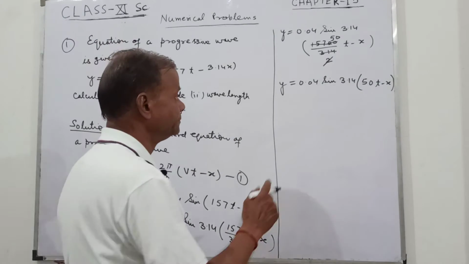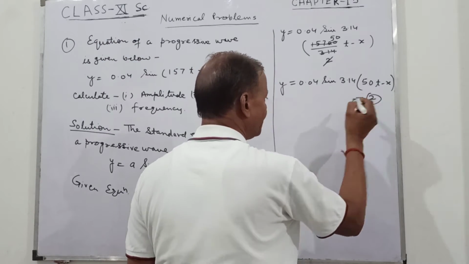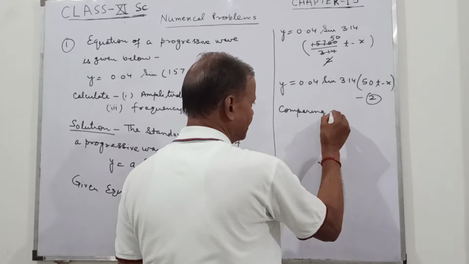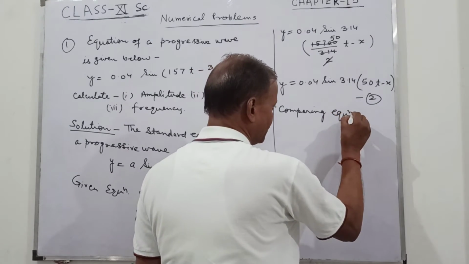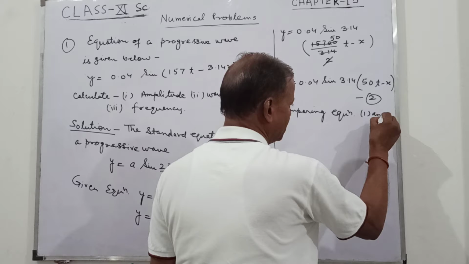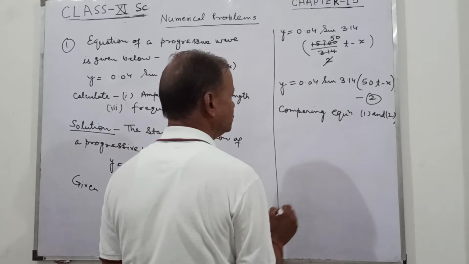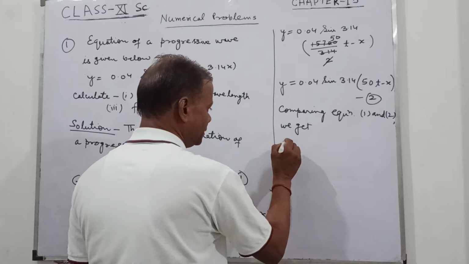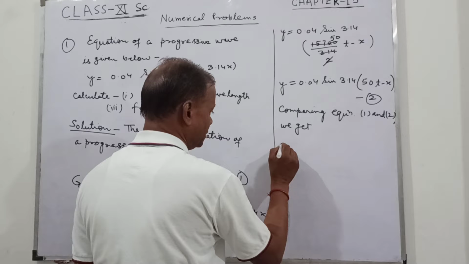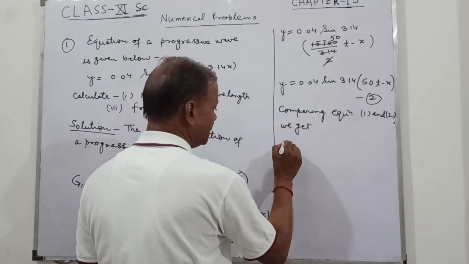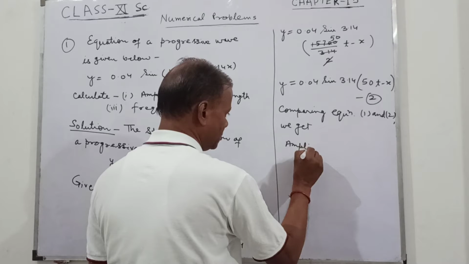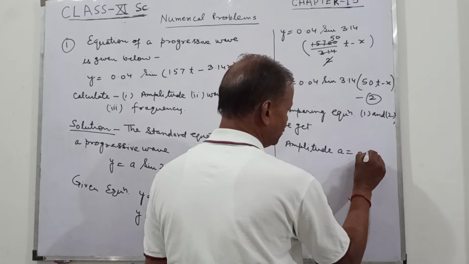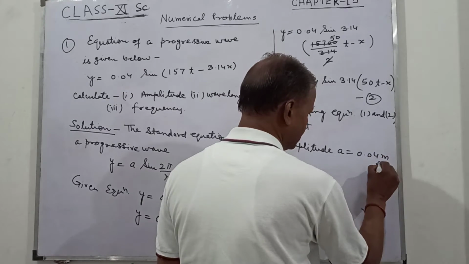Now we compare. Comparing equation 1 and 2, we get amplitude A equal to 0.04 meter.